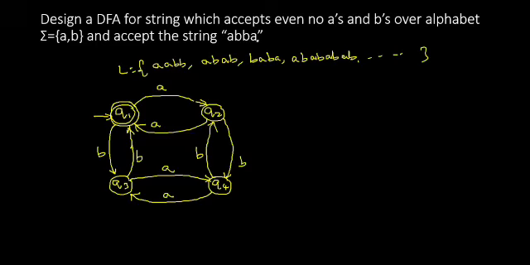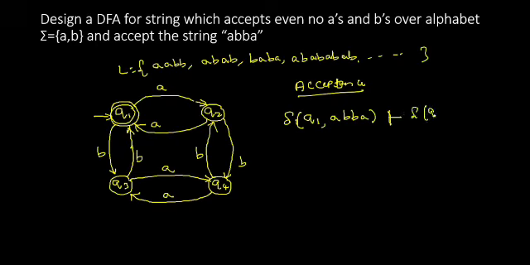Now what is the state here? We have to accept ABBA. Now we will check the acceptance of a string. Delta of Q1, ABBA. When I apply A in Q1, you will come to Q2.